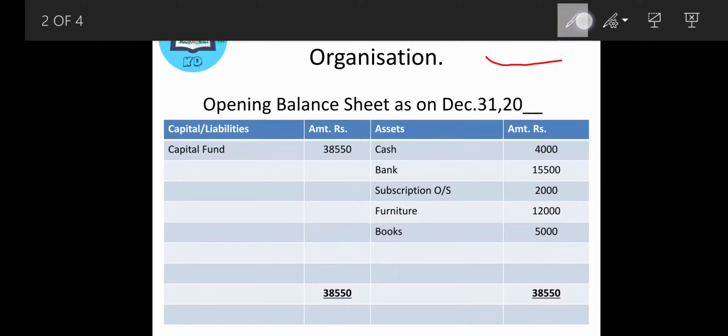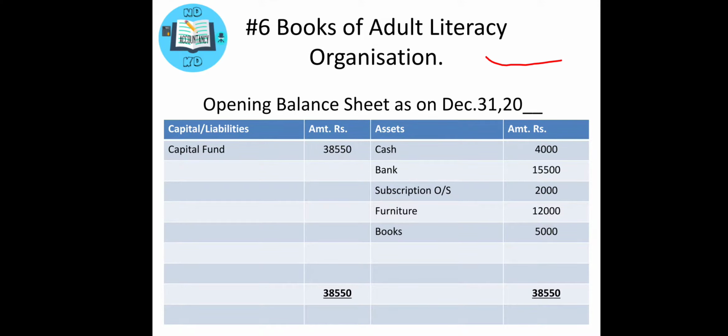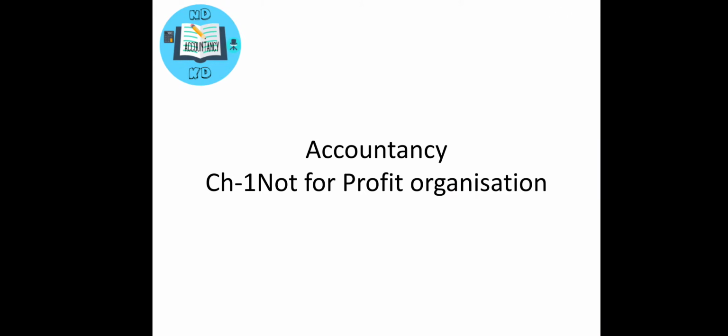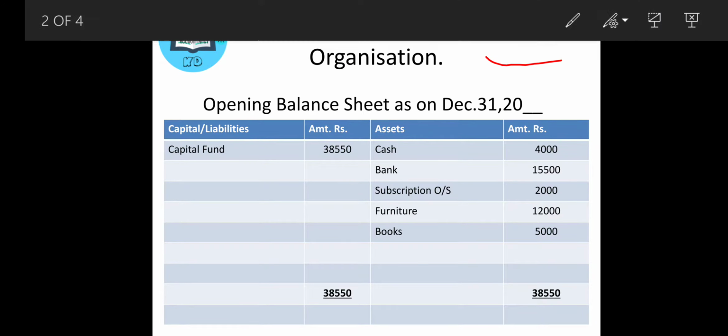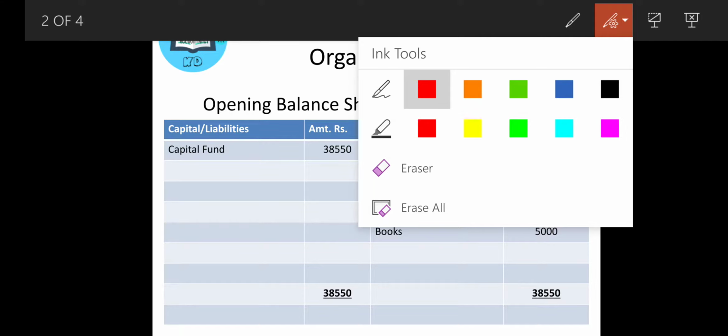Then you will observe, on January 1st, the third adjustment, organization owned furniture and books. So make a tick mark on furniture and books.